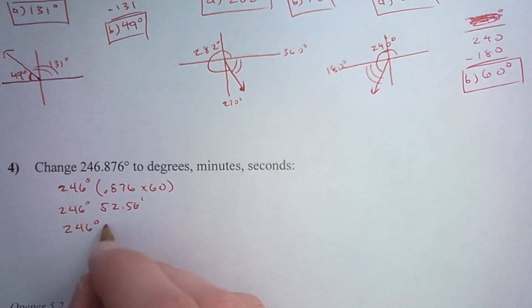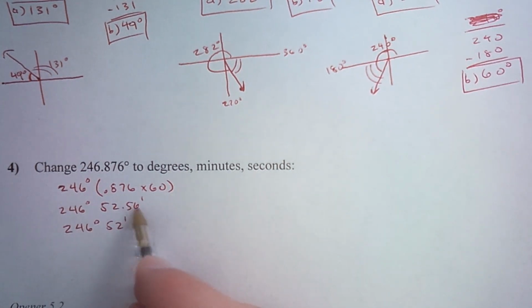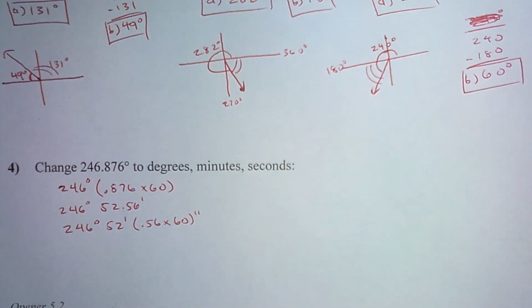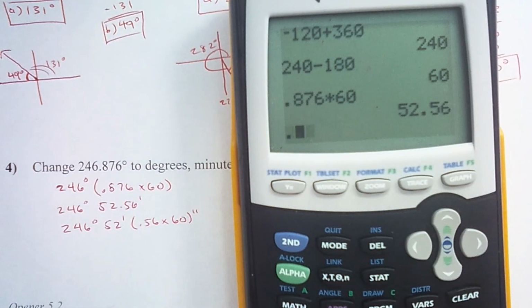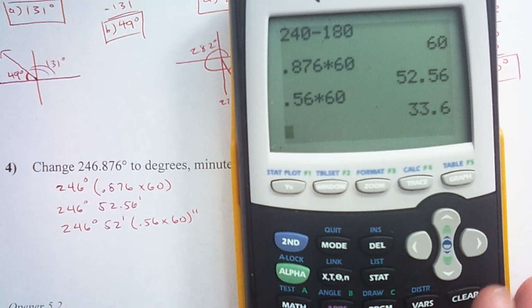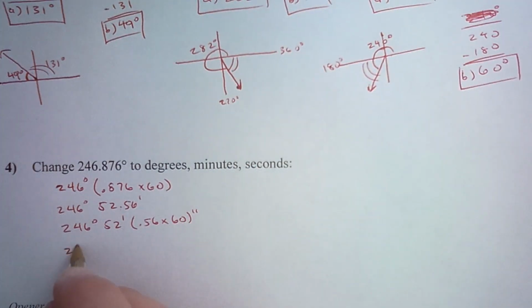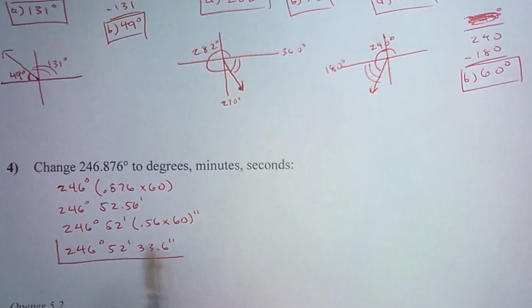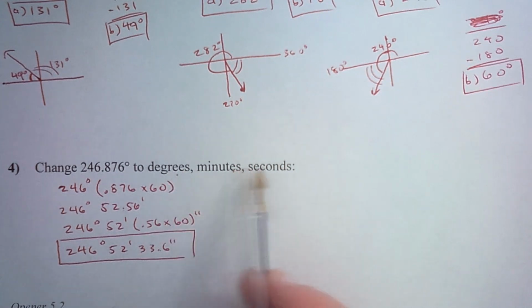So I have 246 degrees, 52 minutes, and this 0.56 minutes I will convert to seconds. 0.56 times 60 is 33.6. So I have 246 degrees, 52 minutes, 33.6 seconds. And it's okay to leave a decimal in seconds when I'm converting to degrees, minutes, seconds. Seconds is the only place where I can leave a decimal.